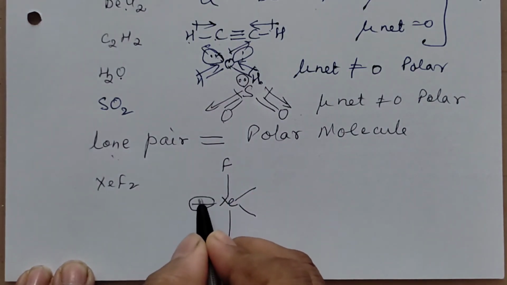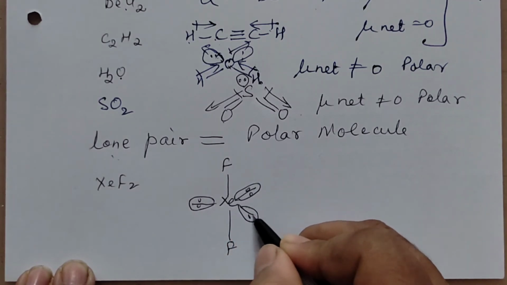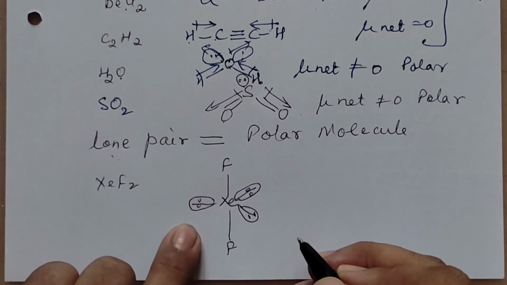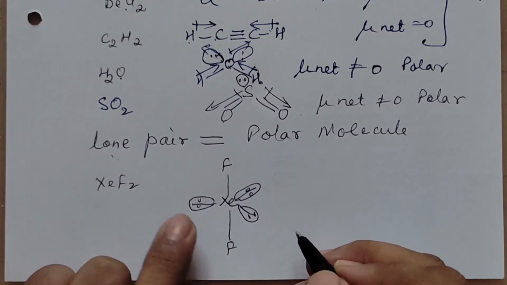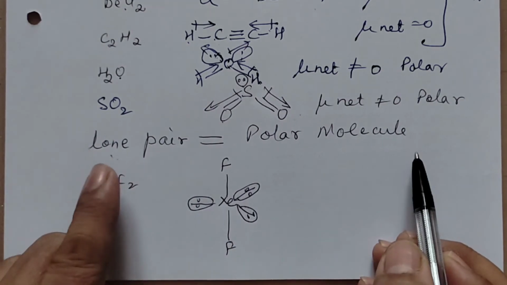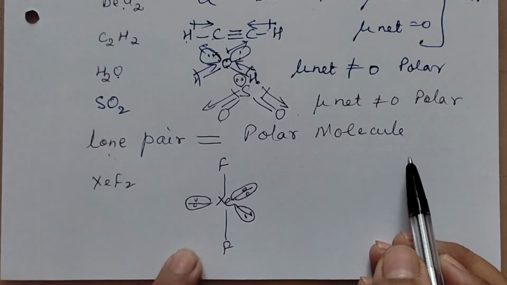There is one lone pair over here, a second lone pair here, and a third lone pair. It is linear, but there are 3 lone pairs. You might think that a lone pair, as I said just now, means a polar molecule, and most of the time it is. But just see what the shape of it is.